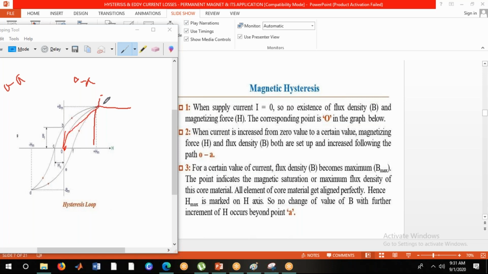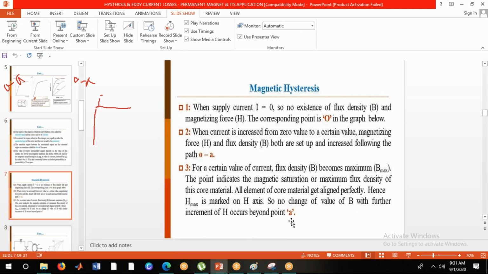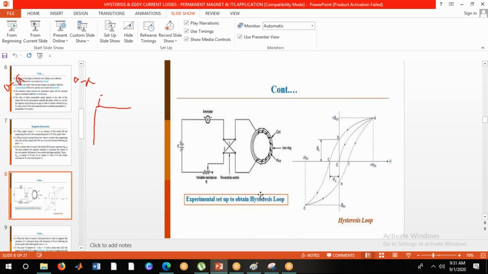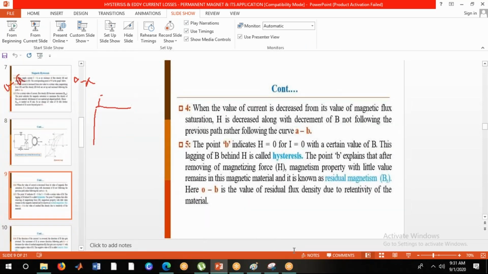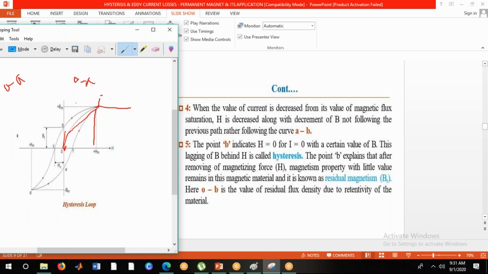Now after A, let me show how the graph flows. Right. ఇప్పుడు మనకు 0 నుంచి A వచ్చాం, ఇప్పుడు ఈ గ్రాఫ్ అనేది ఈ విధంగా మళ్ళీ రిటర్న్ అవుతుంది. సో from A it will reach B. సో ఇది ఎప్పుడు అవుతుందంటే when we disconnect the current, ఓకేనా. Now see, when the value of current is decreased. సో మనం 0 నుంచి A కి వచ్చేటప్పుడు కరెంట్ 0 నుంచి ఇంక్రీజ్ చేస్తాం, ఇప్పుడు కరెంట్ డిక్రీజ్ చేస్తాం.